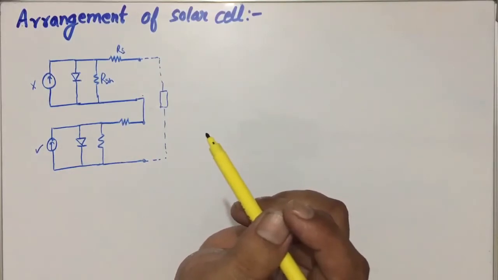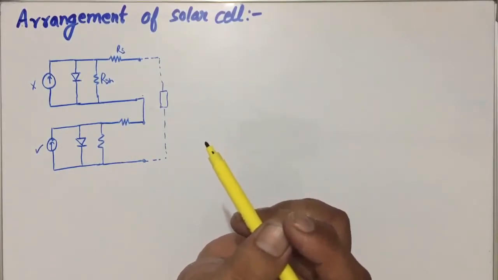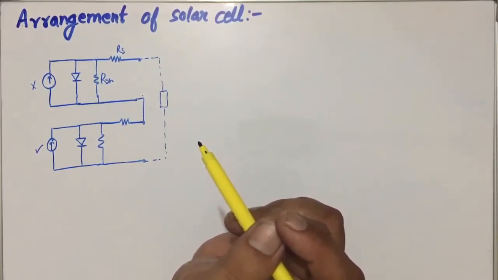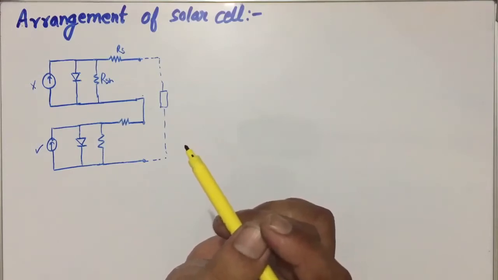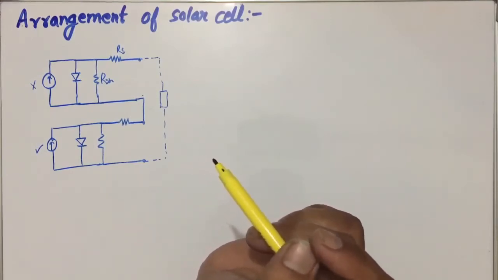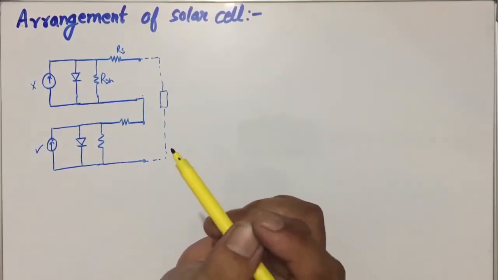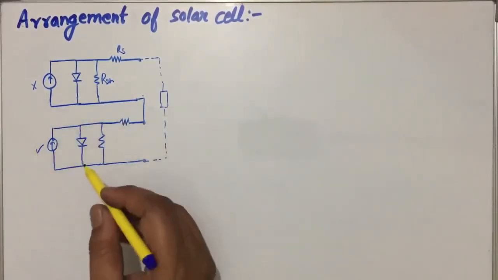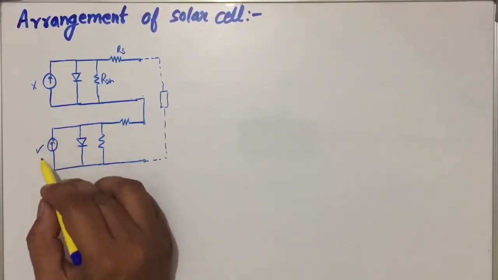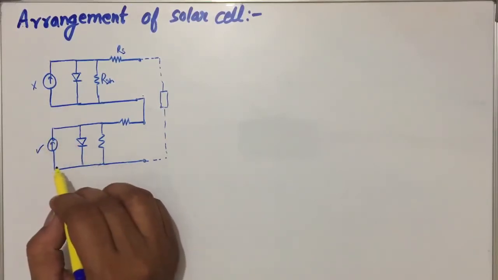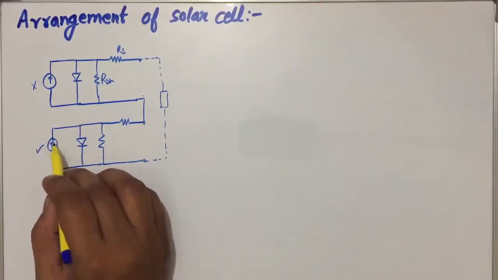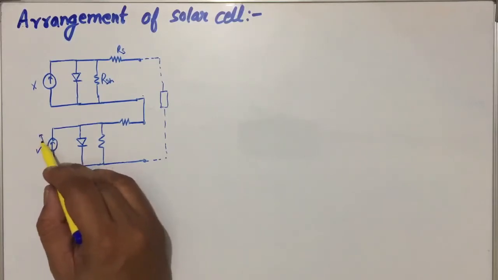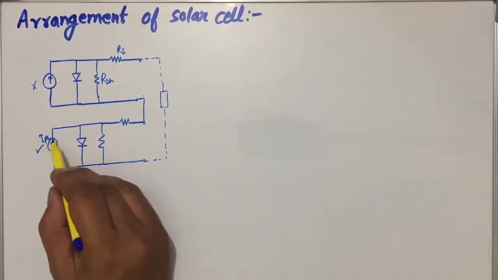Then what will be the operation, what will be the path of the current and the equivalent of the circuit? Now let us consider it is not working. In that case, this cell is operating as usual. It is generating the current I photon.